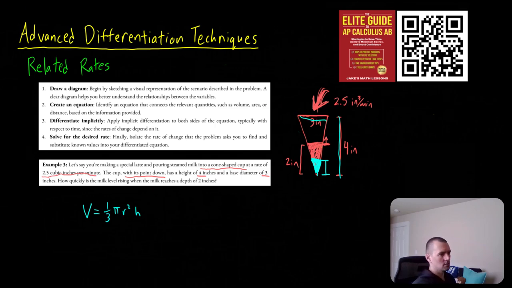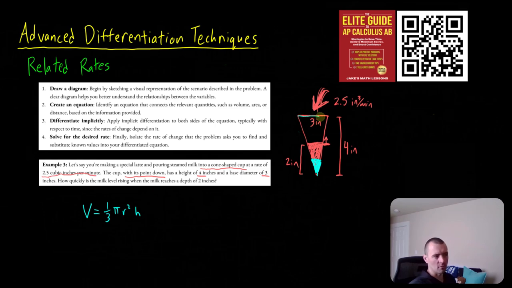Or in other words, no matter what level you fill the milk up to, the diameter of the base of the milk is always going to be 3/4, because the ratio of the overall cup is 3/4.